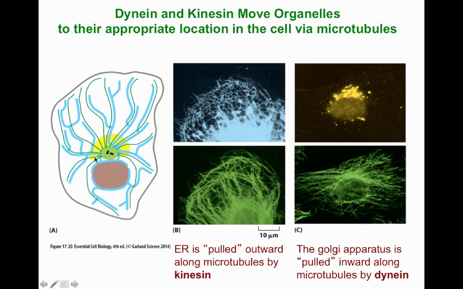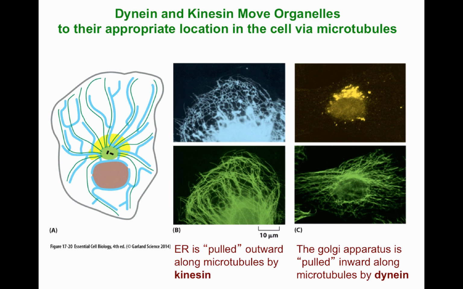The ER is shown here in light blue, and the nucleus, with the nuclear membrane that shares the ER, is here in brown. And the Golgi apparatus is nicely kept around the nucleus. And that is all done by the tug of war that the ER and the Golgi are receiving from the dynein and kinesin molecules.